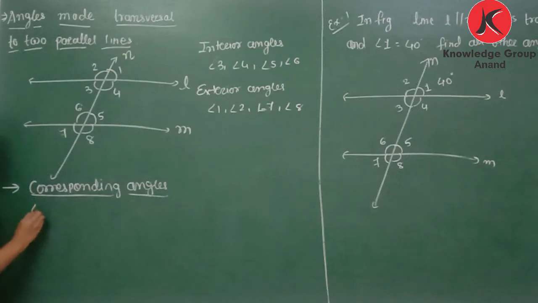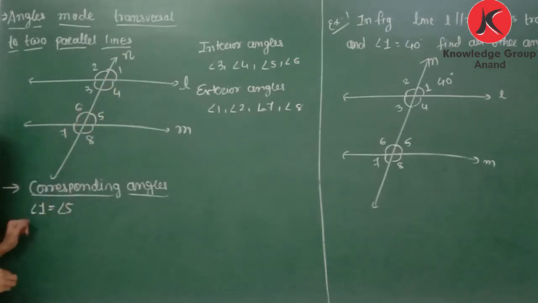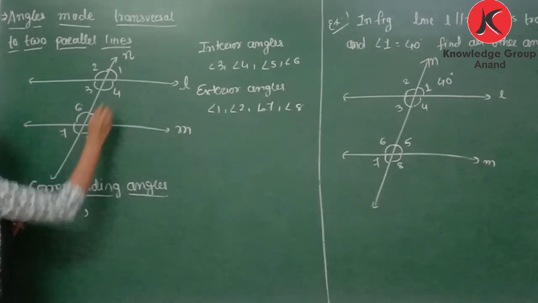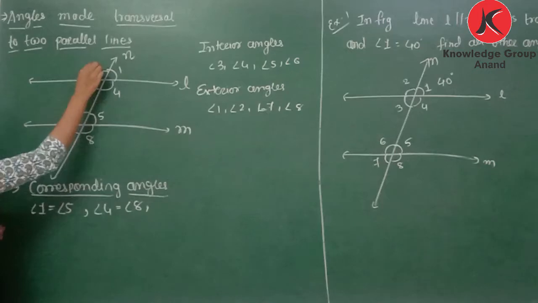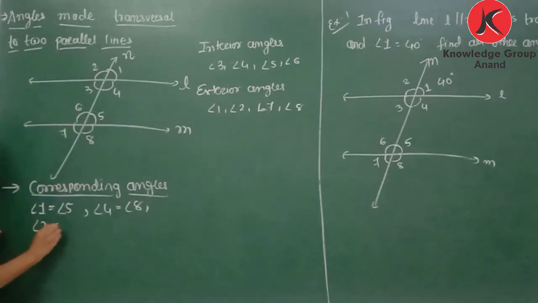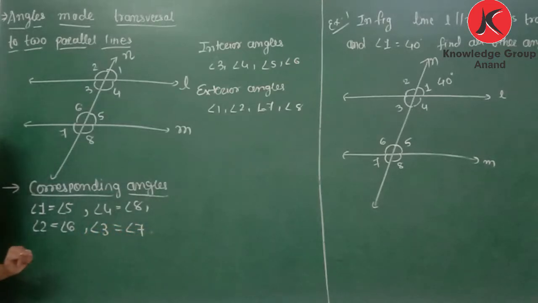So here we can write angle 1 is equal to angle 5 because these two are corresponding. Same, angle 4 is equal to angle 8. For these two, angle 2 is equal to angle 6 and angle 3 is equal to angle 7. So in parallel lines, corresponding angles are equal.